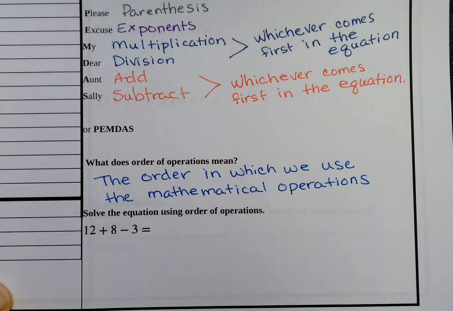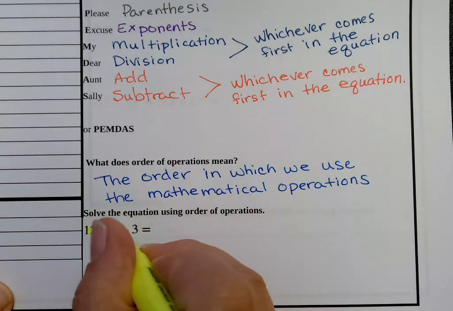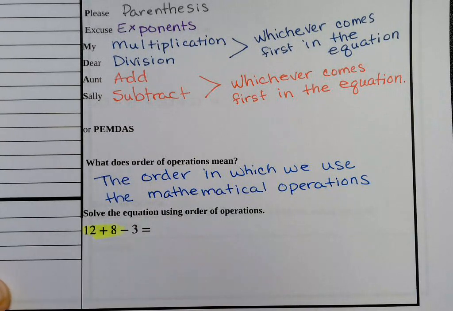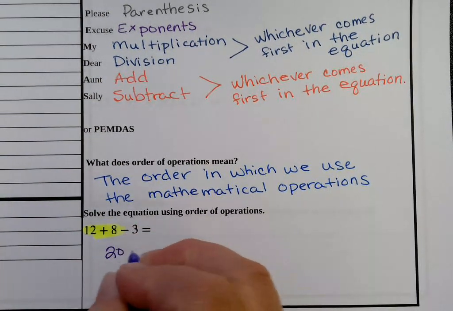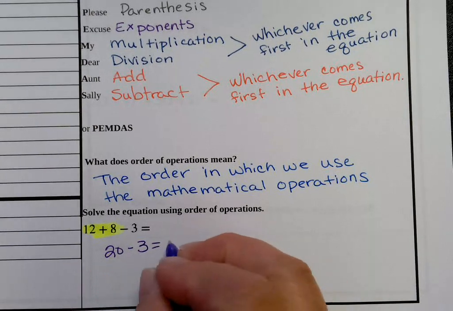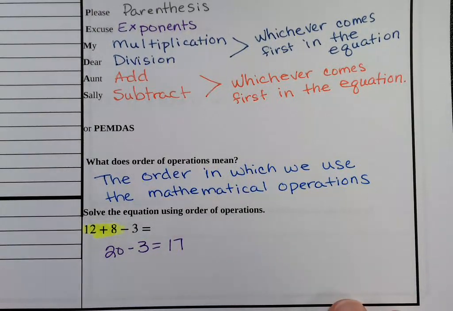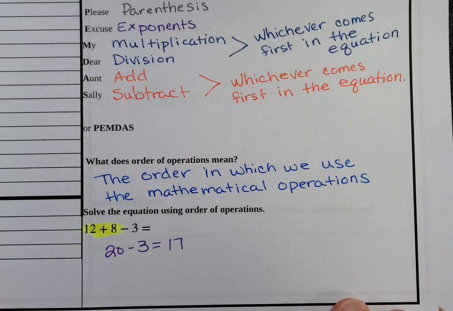As we're looking, it is obvious that the plus comes first. So we will add 12 plus 8. 12 plus 8 is 20, minus 3, and we get 17. So the correct answer for that would be 17.